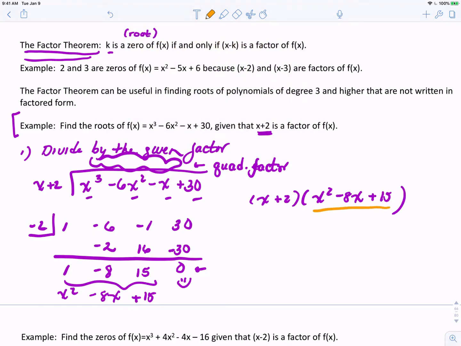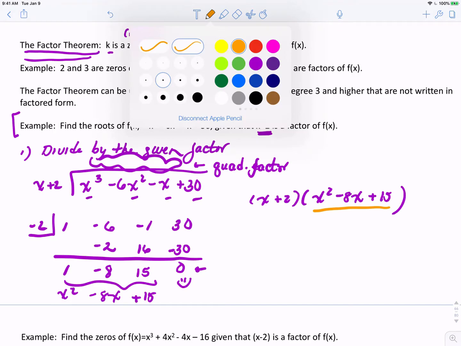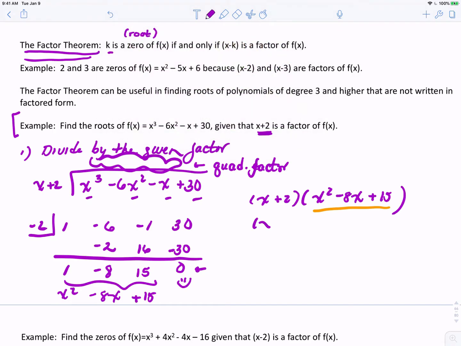We know that we can always use the quadratic formula to find the roots of this factor, or we might stop and, before we use the quadratic formula, see if we can factor it. I think this one's pretty easy to factor. Factors of 15 that combine to give us -8. Let's take a look at x minus 5 times x minus 3. If we just do a quick check, -5x minus 3x is -8x, so yeah, that works out great.